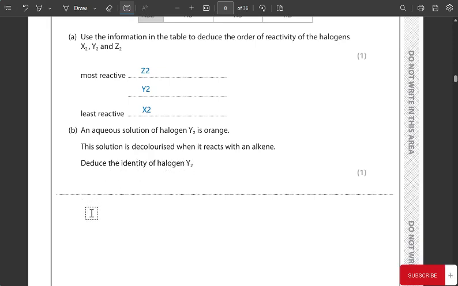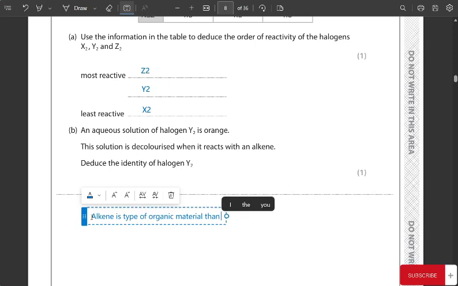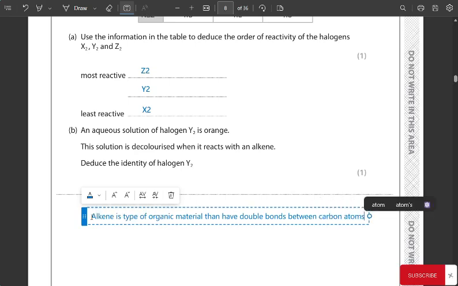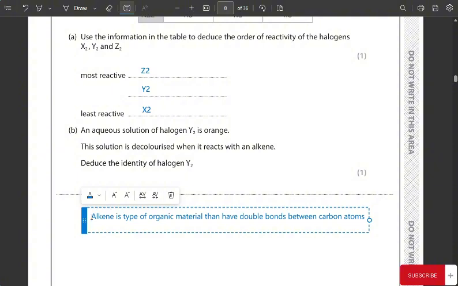There is a saying that alkene is a type of organic material, or it's a group that has double bonds between carbon atoms. And alkenes are made of carbon and hydrogen atoms only.